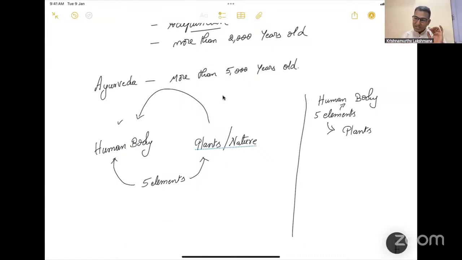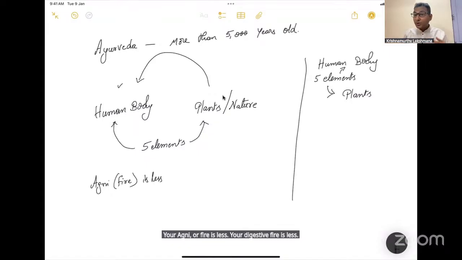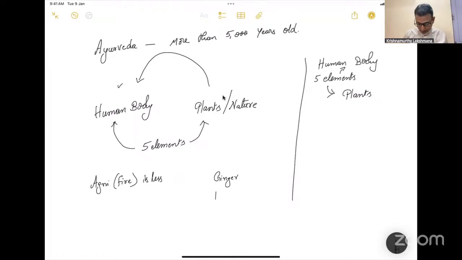Say I will give you an example. In the human body, if Agni, that is fire, is less, your digestive fire is less, what do we do? We select a plant or herb which has more Agni in its constitution, for example ginger or black pepper.